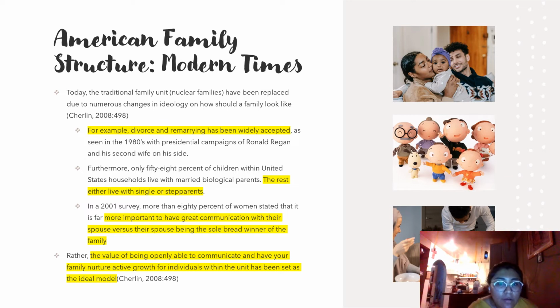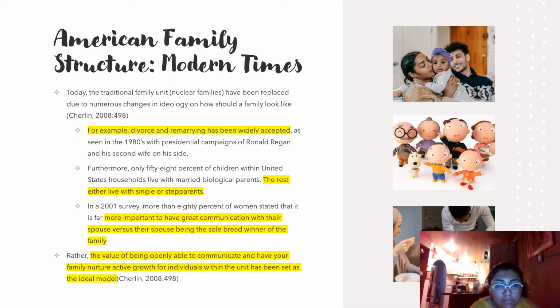So, for example, today the traditional family unit has been replaced due to numerous changes in ideology. Again, they should be thinking there is no set definition based on time period because numerous factors are taken into consideration on how that changes. The highlighted portions I have included are the answers to my discussion questions. For example, divorce and remarriage has been widely accepted.